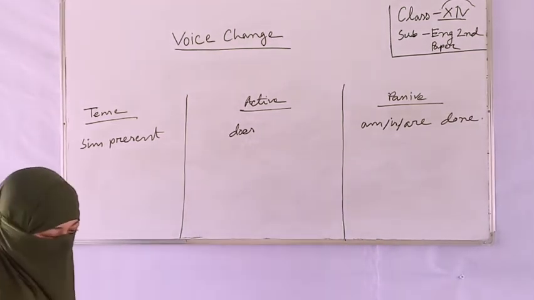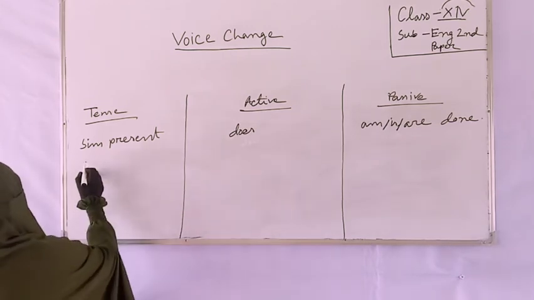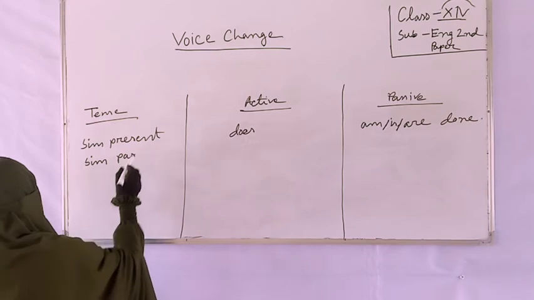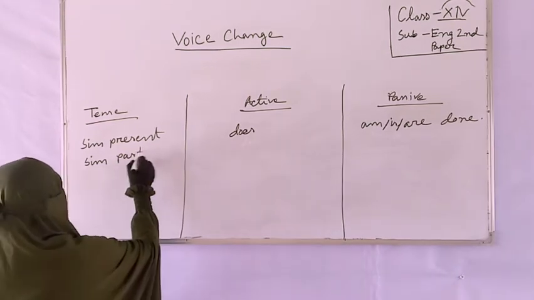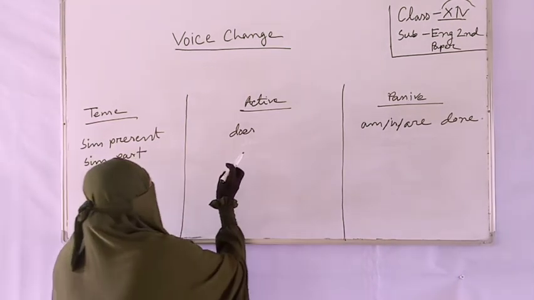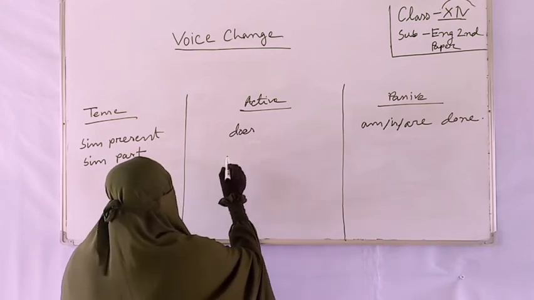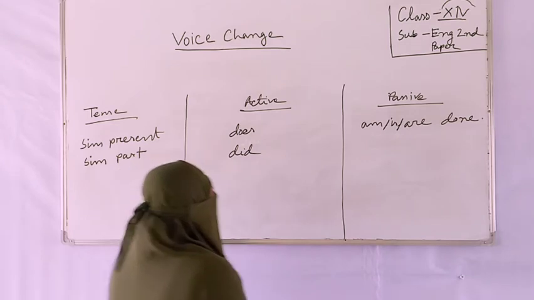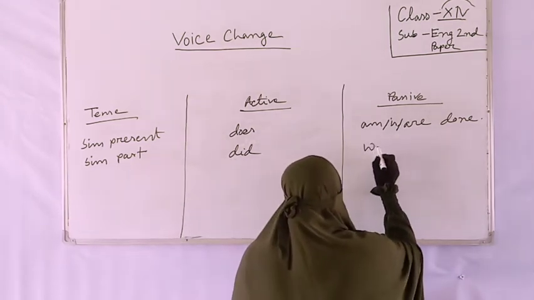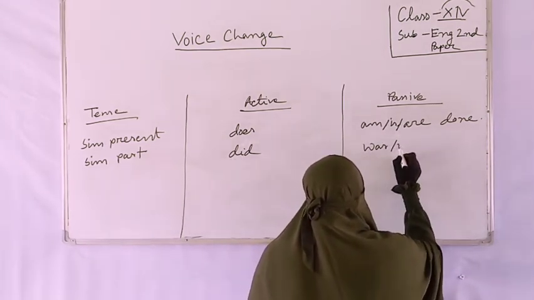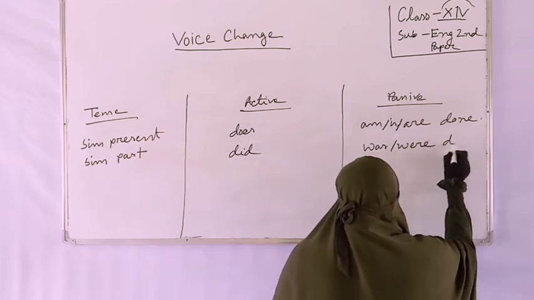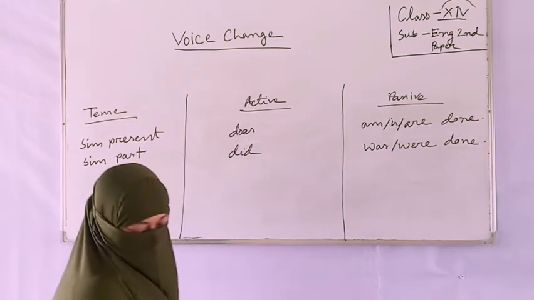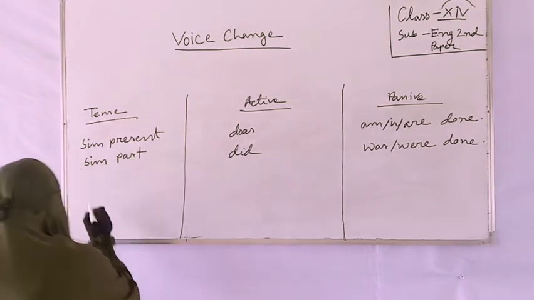Then simple past. The verb active is did and passive is was or were done. Then present continuous.